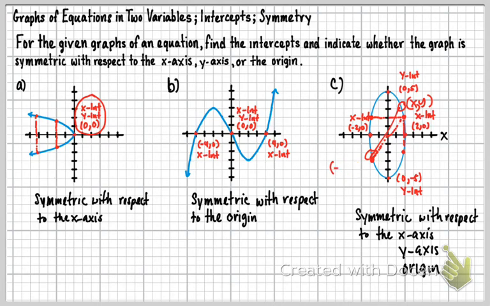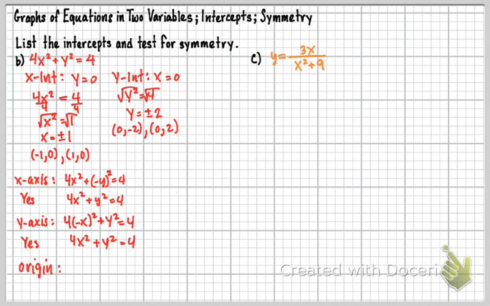So what that's telling me is that I'm going to plug in a negative x and negative y to see if it's symmetric with respect to the origin. Okay, so 4... And honestly, don't we know this is going to work? Because they worked individually, that definitely tells me they're going to work together. So this is going to be 4x squared plus y squared equals 4. So again, they're all yes.